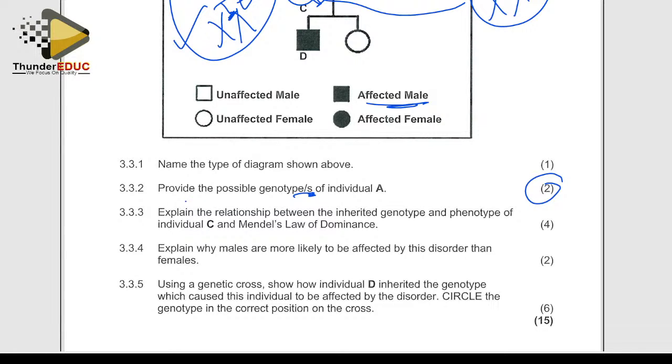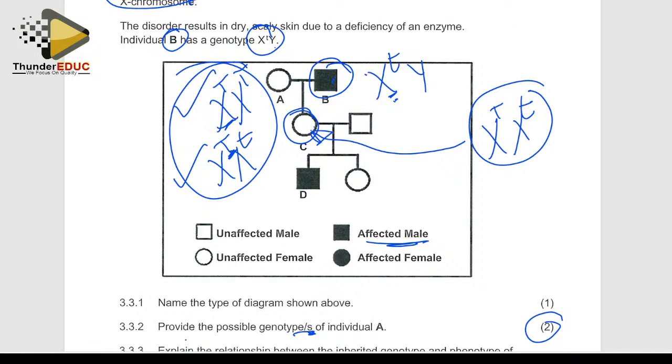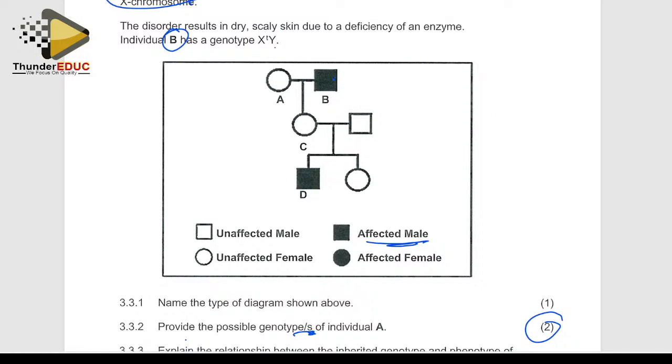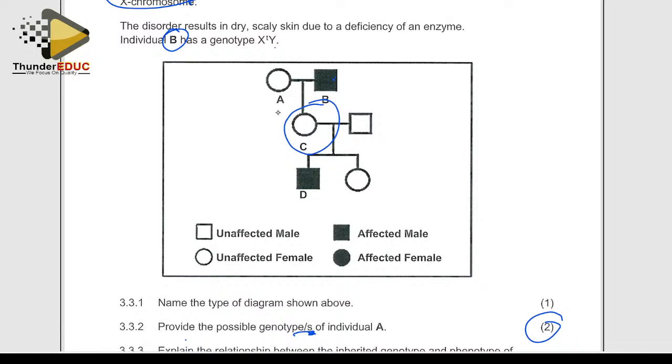Mendel's law. Today they brought all the Mendel's laws. Explain the relationship between the inherited genotype and the Mendel's law of individual C. Let's find out who is individual C. Individual C is here.